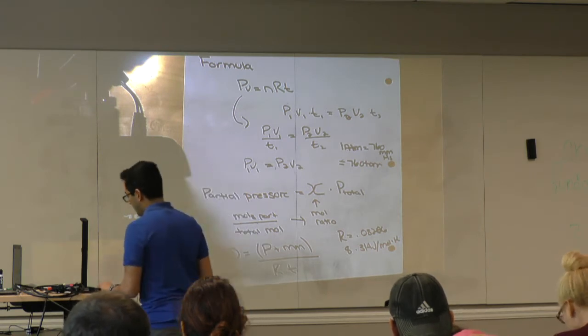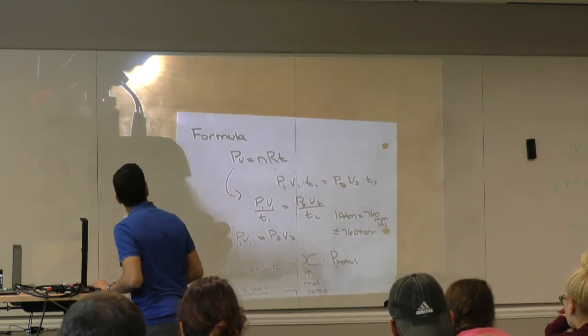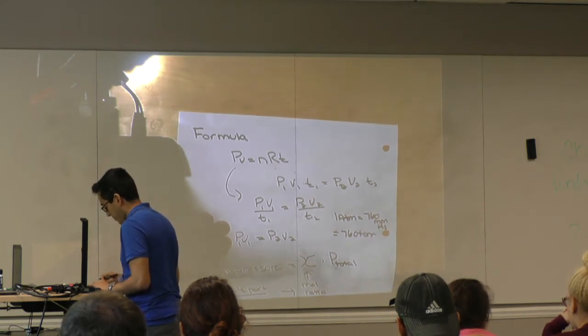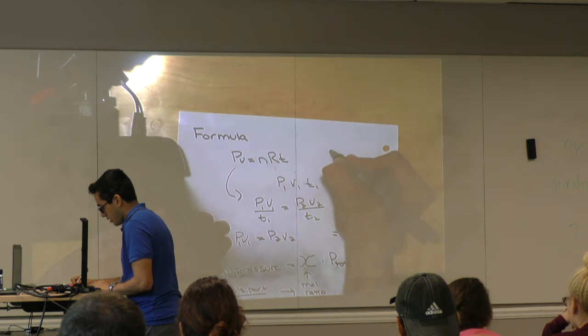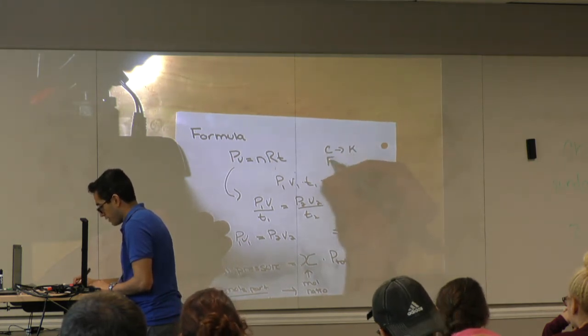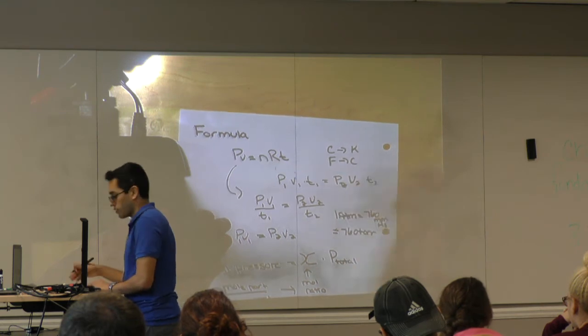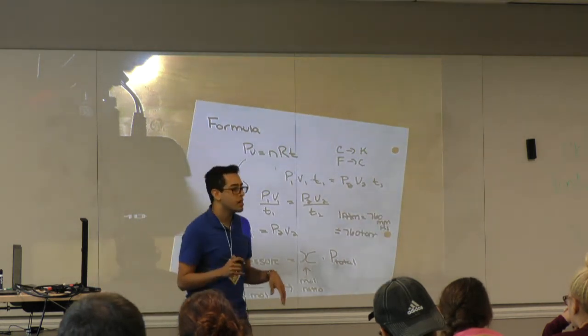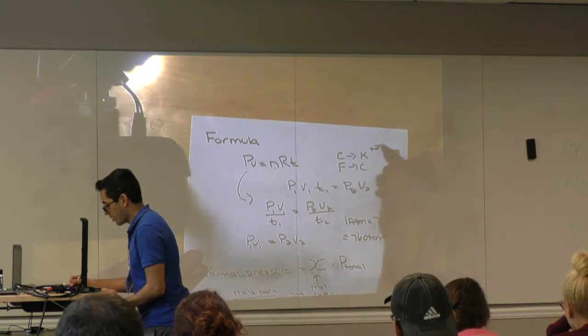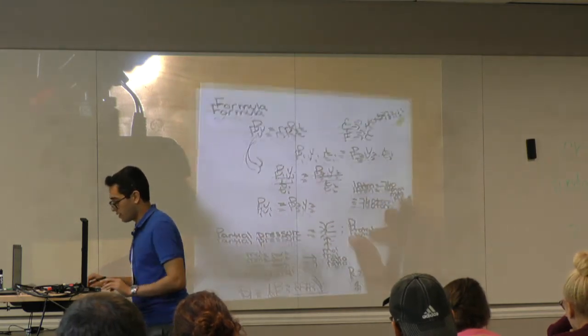Also, another thing that you should know is, again, Celsius to Kelvin, Fahrenheit to Celsius. Just being able to format and play with that. You know Celsius to Kelvin, you just add 273.15.